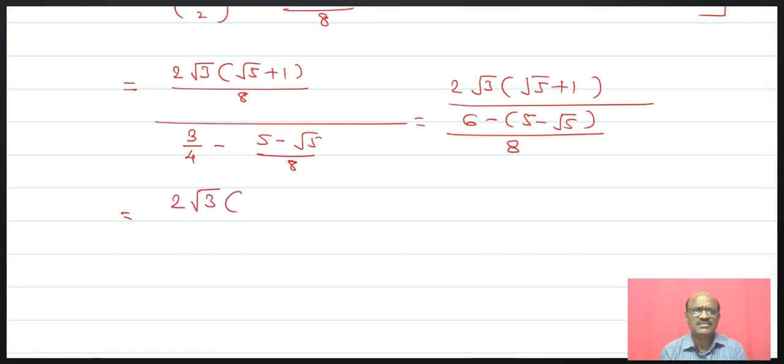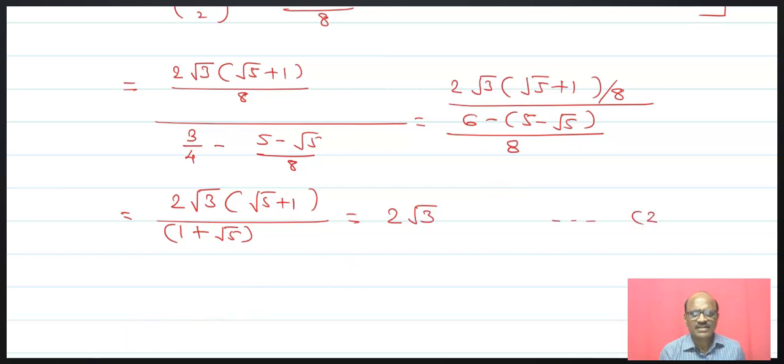Now see this here. To the denominator, I had not written 8 here, and now I am writing it here. Now this 8 and 8 get cancelled. Now see this term. This 8 gets cancelled. 2 root 3 in bracket root of 5 plus 1 is taken as it is, only the 8 gets cancelled for the denominator.